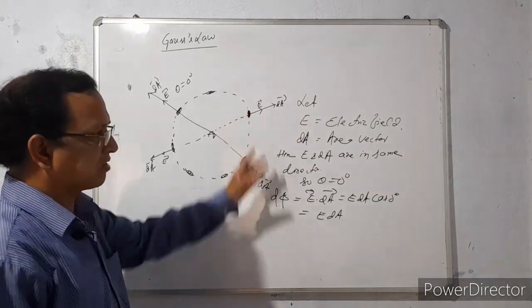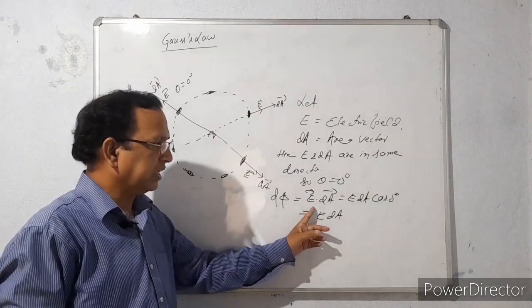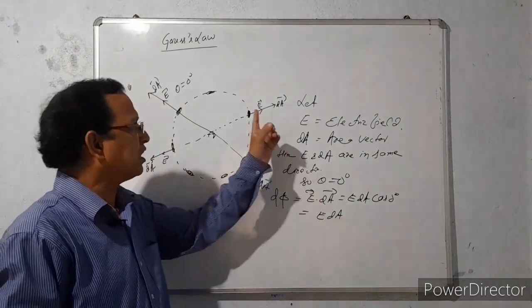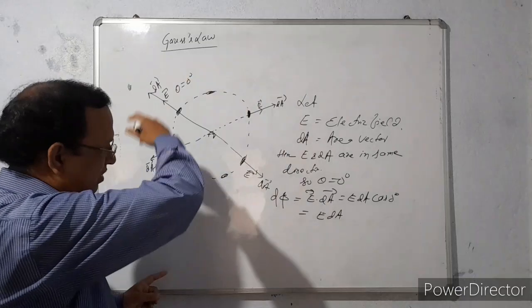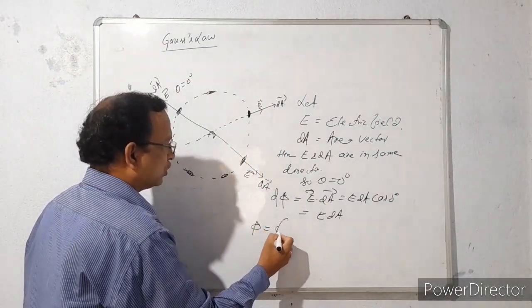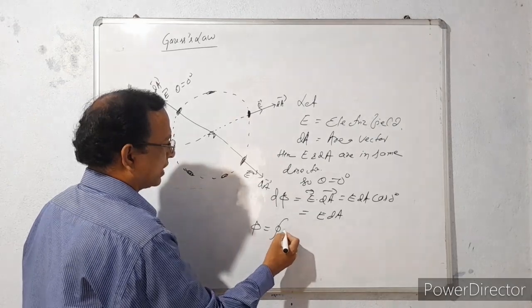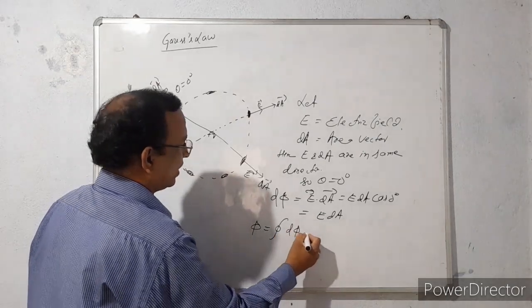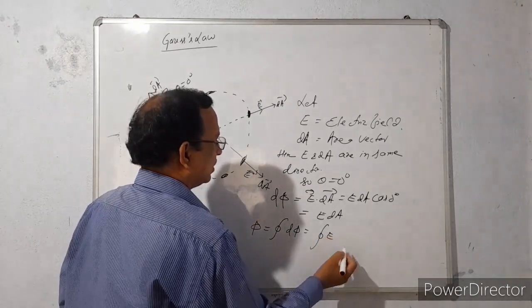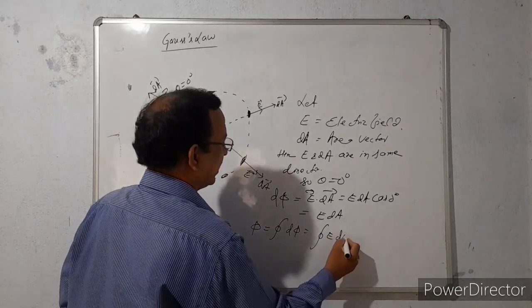So d phi is equal to E dot dA, E dA cos 0 degree, that is E dA. So the net flux phi is the closed integral of d phi, which is the integration over the closed surface of E dA.